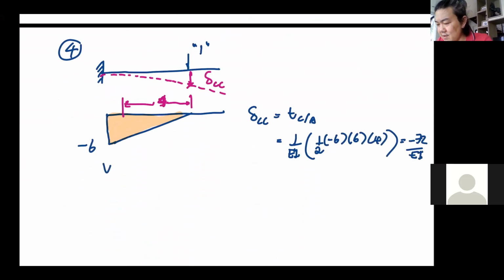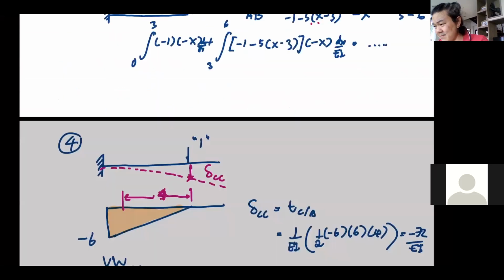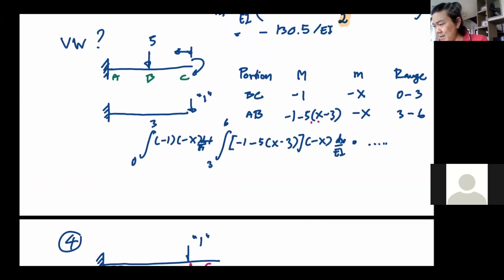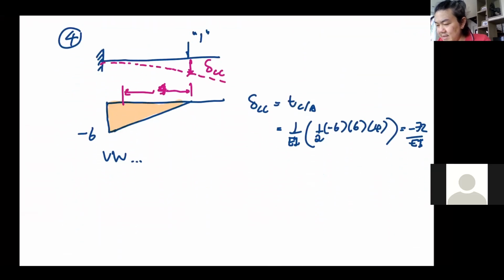And if you want to do virtual work, it's going to be pretty similar to this, right? But this time you have it easier because you have just one equation, and the range is from 0 to 6. So virtual work is also easy in this case. Delta CC is equal to the integral from 0 to 6 of minus x dx over EI, and it should come out equal.